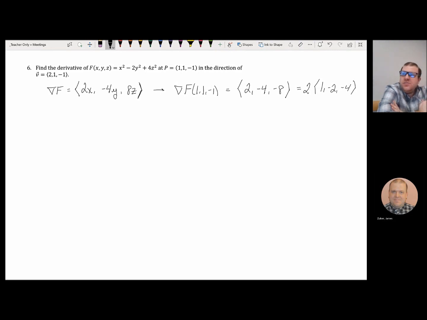Next, we need a direction vector. Specifically, a unit direction vector. We have a direction vector. It's not unit. Let's make it unit.